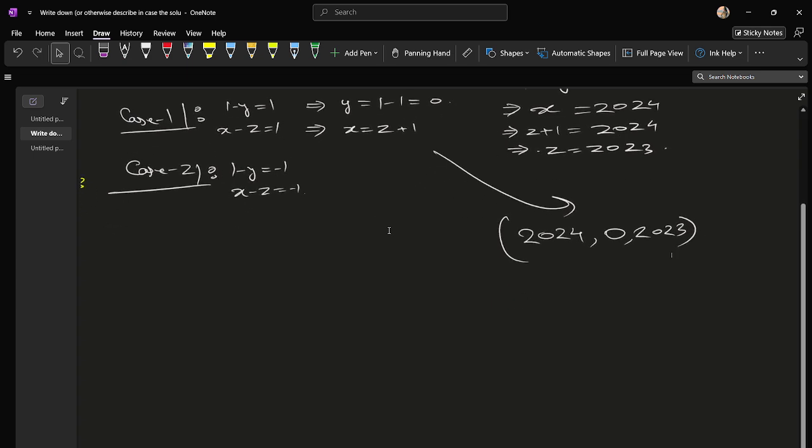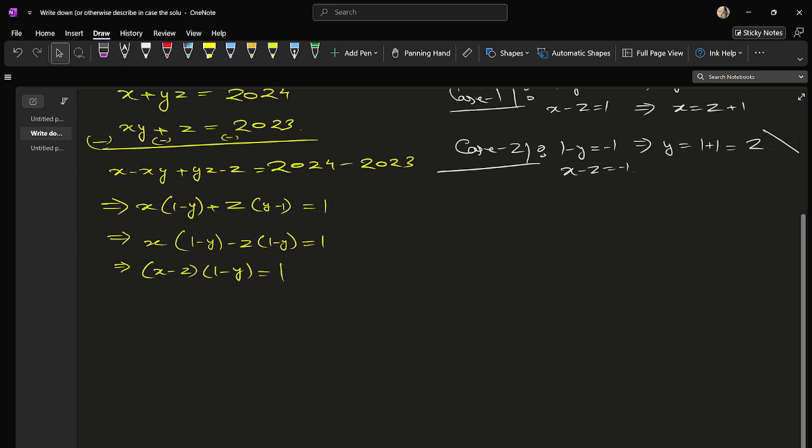Now for our case 2, what will we get? From case 2, we can conclude that our y will be 1 plus 1, that means 1 minus minus 1, which is 2 here. After that, x minus z is equal to minus 1.